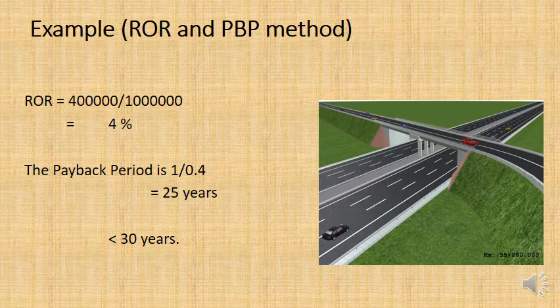So my question is, is it worthwhile building this bridge? Well, that will depend. If it's a 4% gain in benefit every year, maybe you can get that 4% with a lower risk project.